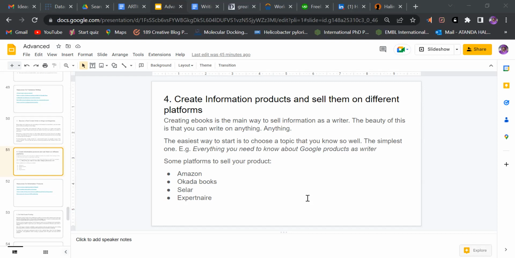People have made money from selling books. I attended a webinar or a workshop, and one of the executives of Seller said the first book he sold was in university, and I think it was about using Microsoft Word.